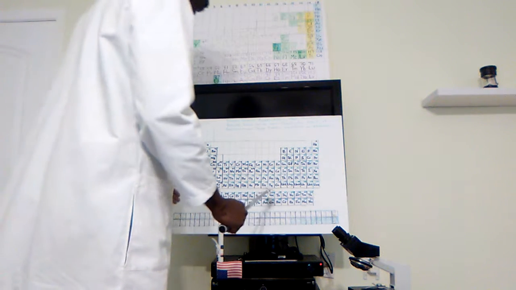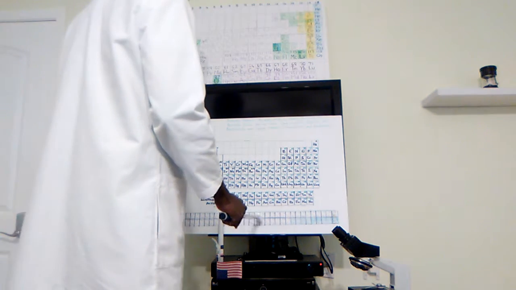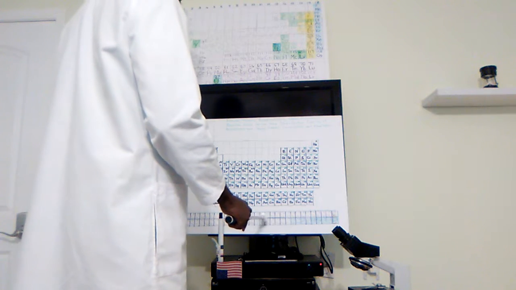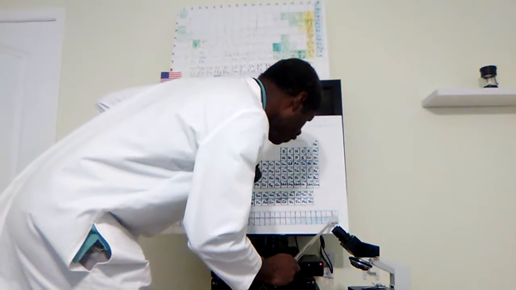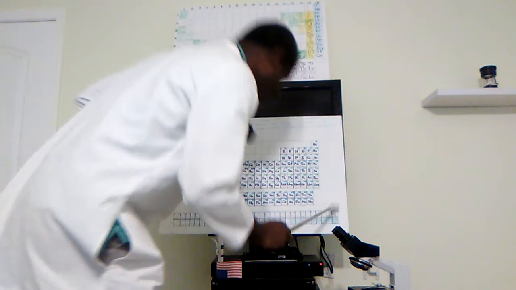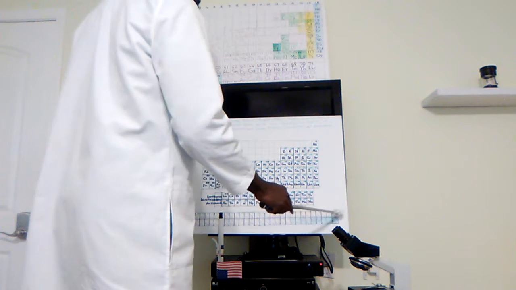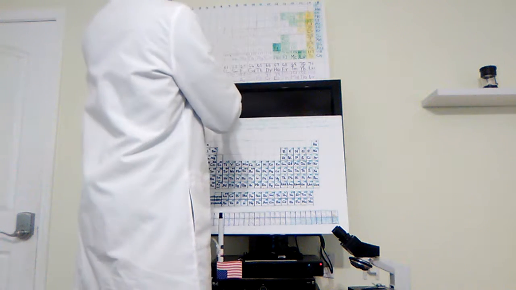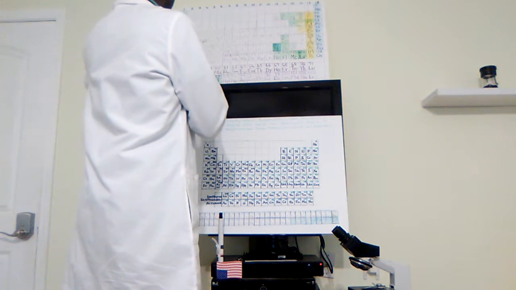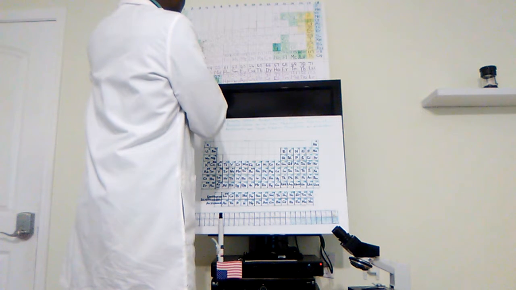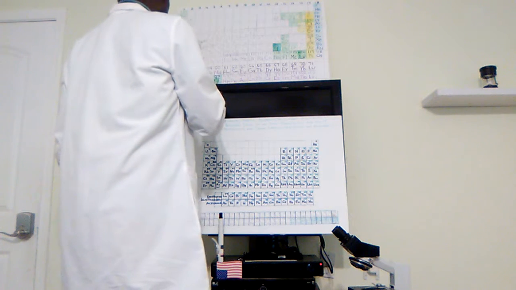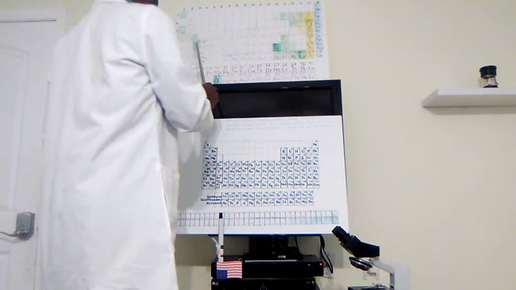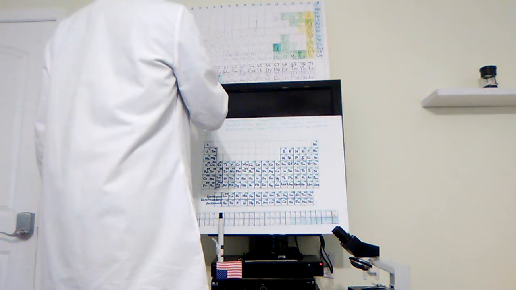So in actuality, it is said that this version is a more accurate version if we would have included everything from 55 to 86 here, which is from cesium to radon, which is not so on this one. We have cesium and then barium, and then we have La, which is in group 3 and period 6 with atomic number 71. So from atomic number 56 we move on to atomic number 71.